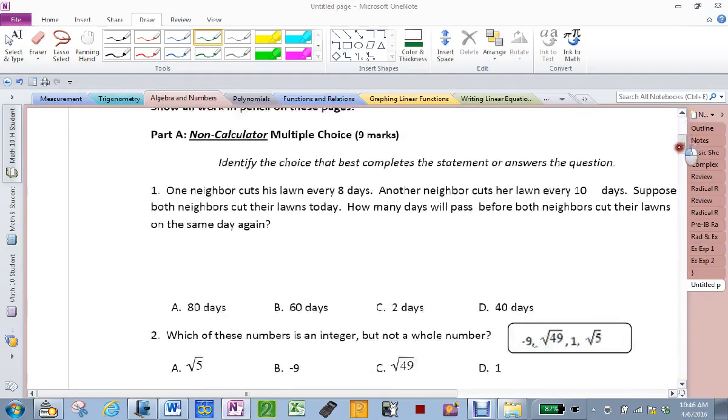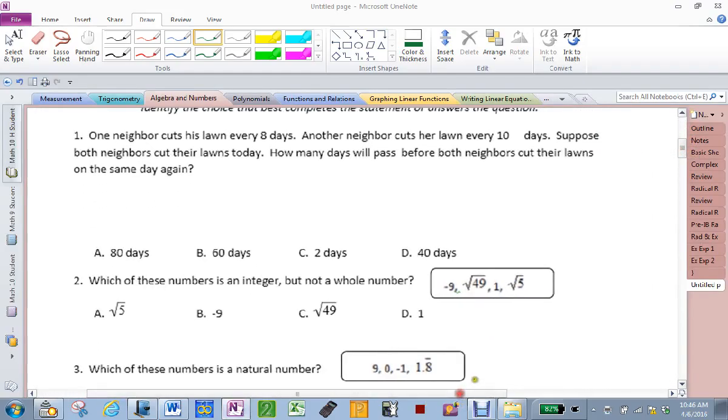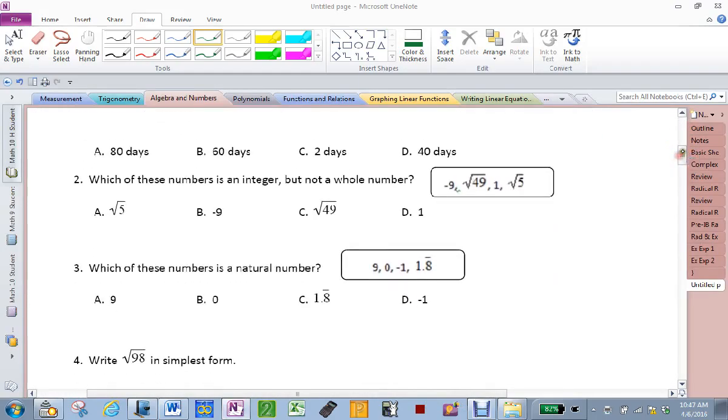Alright, so if I had to say questions that were done poorly by a lot of people, number 2. Oh, I got number 2 right. Integers are numbers, positive and negative, no fractions.